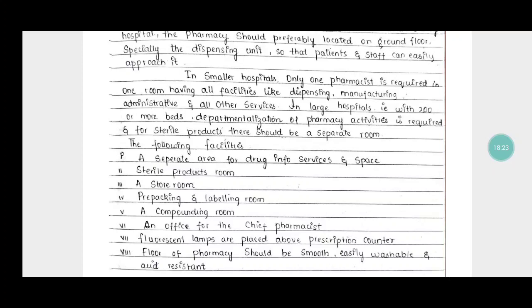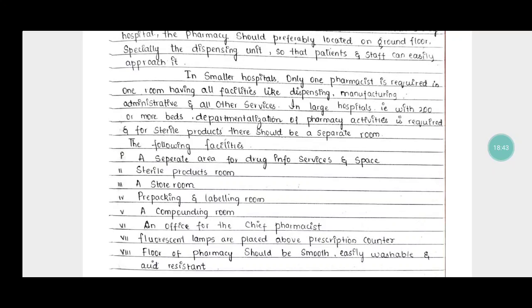Other facilities include a separate area for drug information services, a sterile product room, a store room, a pre-packing and labeling room, a compounding room, or an office for the chief pharmacist.